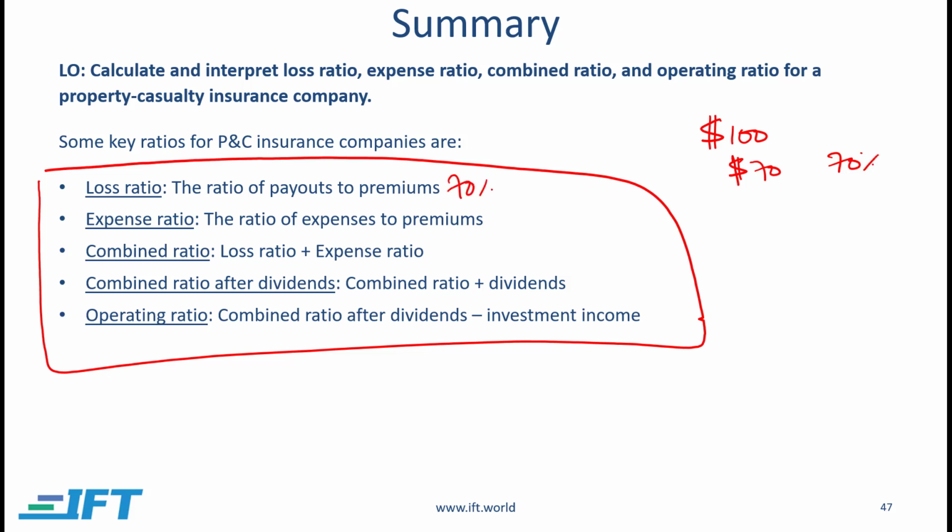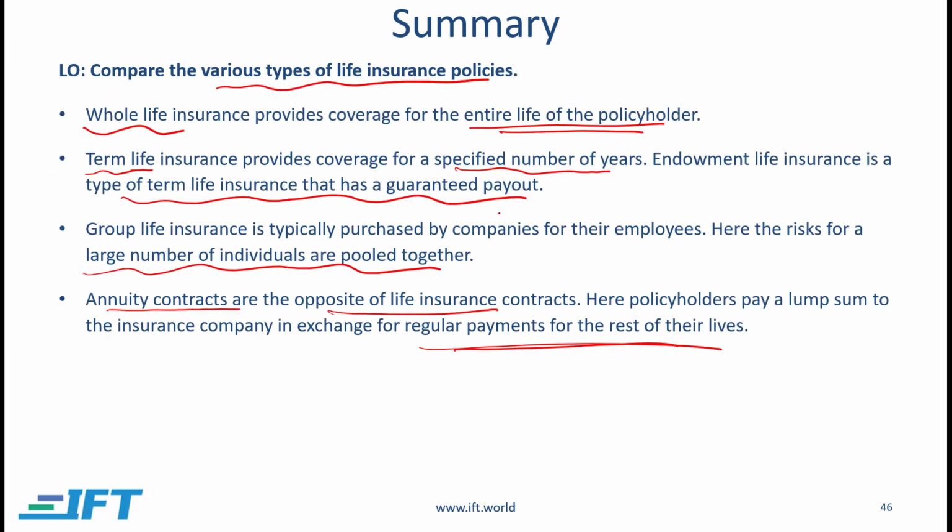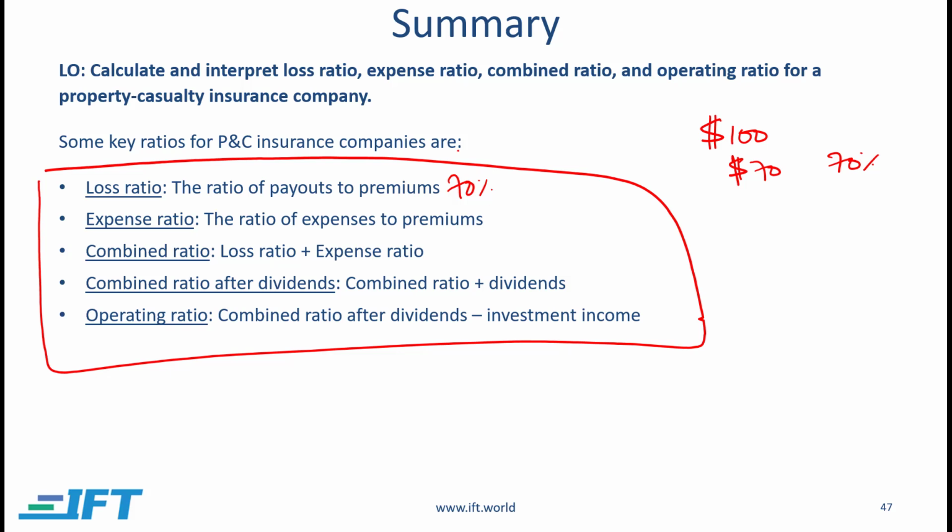Then whatever is your selling expense and verification expense, let's say that is another 26%. This will get added and your combined ratio will then be 96%, right? Then you have to pay dividends as well, and let's say you're paying 1% of your premiums out as dividends, so your combined ratio after dividends will be 97%.